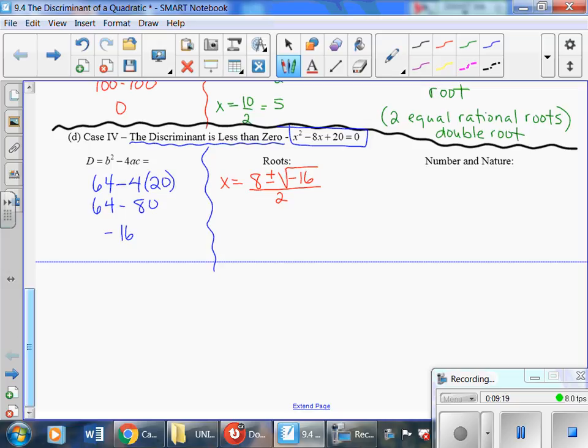So what do our answers look like? X equals 8 plus and minus 4i divided by 2. So x is equal to, now we're going to cancel these both out by 2, so we're going to have 4 minus 2i, and we're going to have 4 plus 2i as our answers.